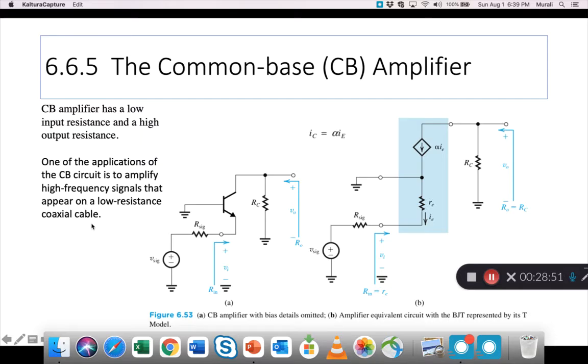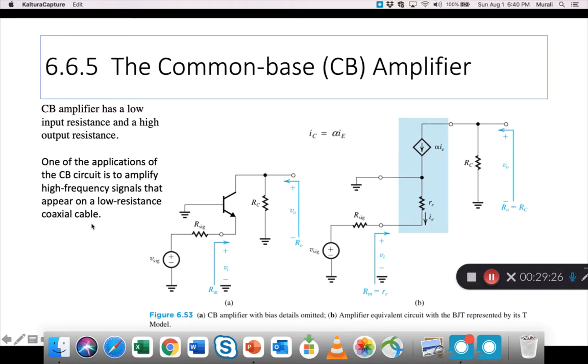If you put a regular amplifier like a CE amplifier, there'll be a huge mismatch in impedances, and you know that by the rule for maximum power transfer, input impedance should equal load impedance, or output impedance should equal load impedance, right? That's called impedance matching. So many times the output impedance of the previous component, such as a coaxial cable or whatever, you can't control. It's either high or it's low.